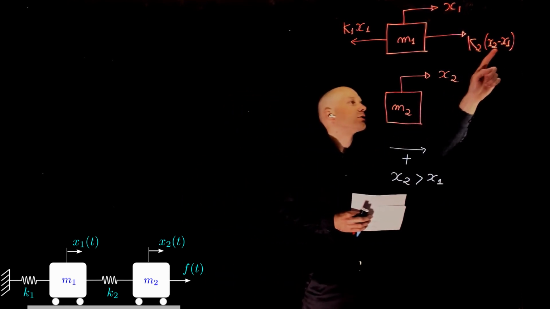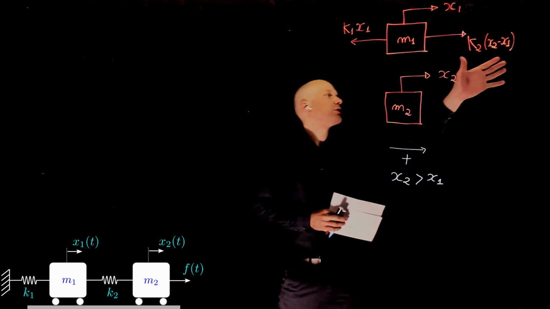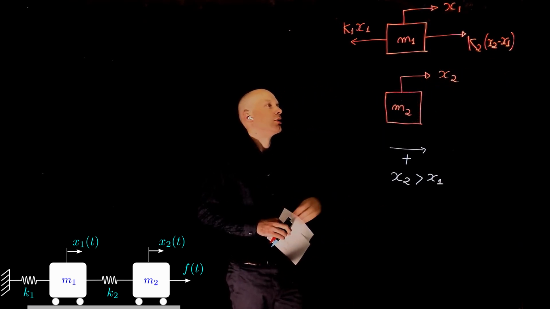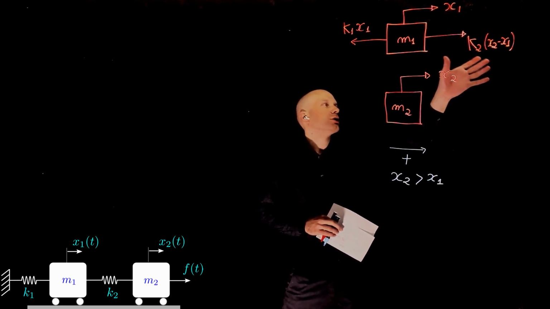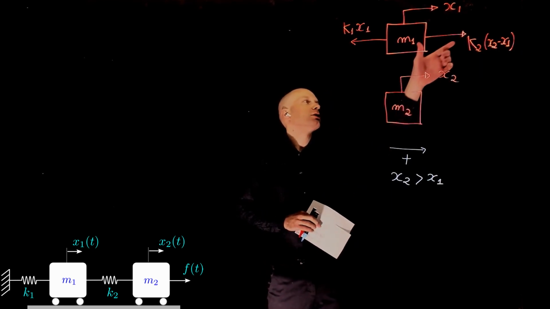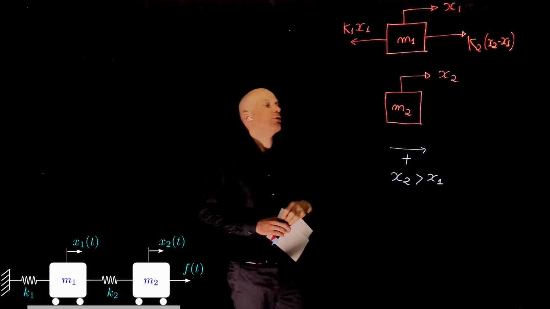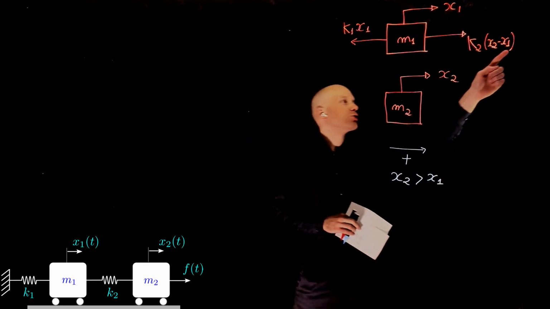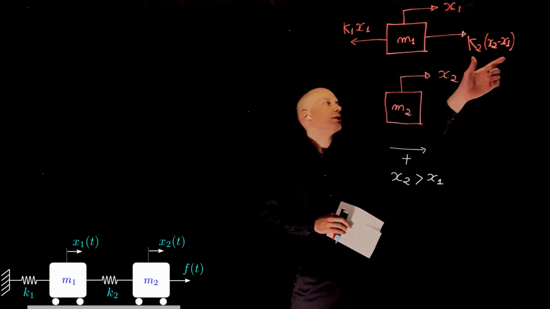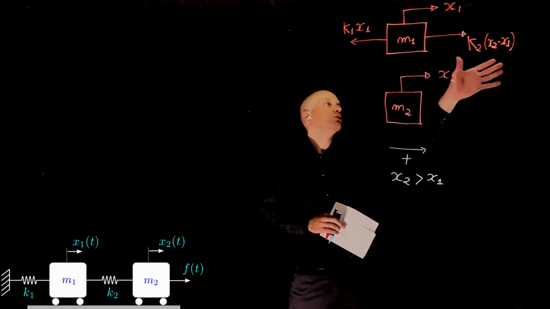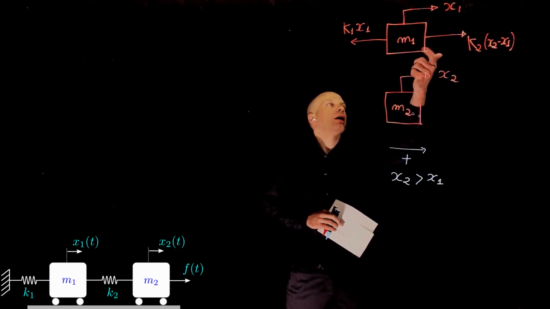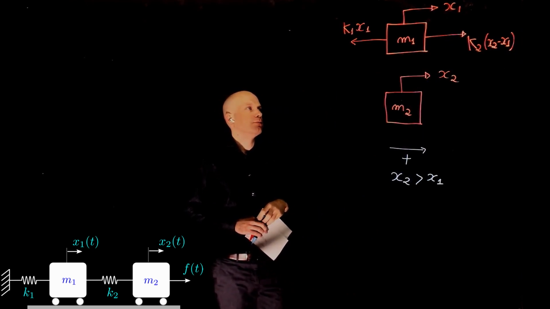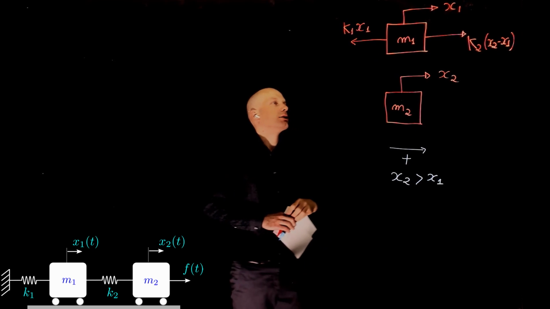So if you now do x2 minus x1, the result of this calculation is a positive scalar. The magnitude of the force here is then positive, which means that the direction of this arrow is correct. If you had x1 minus x2, this would result in a negative number, and a negative magnitude doesn't exist. We'd then have to flip the arrow that we draw there. Those are the forces acting on m1.